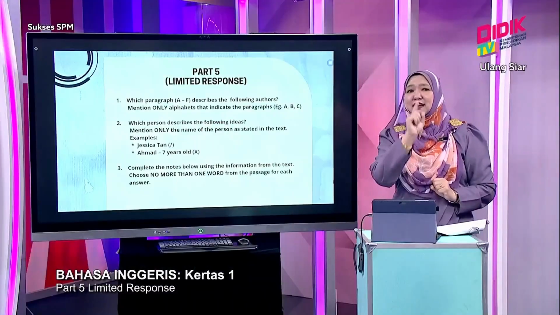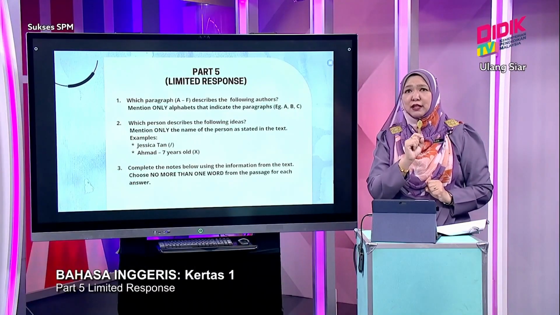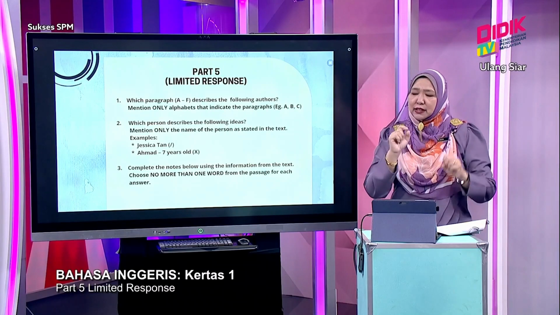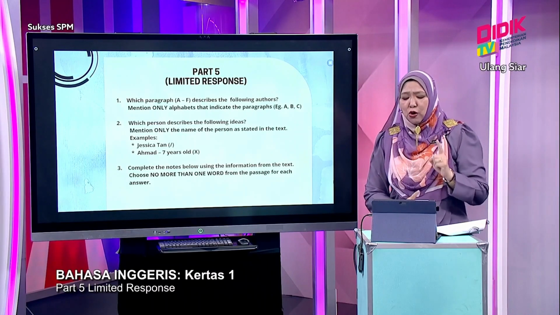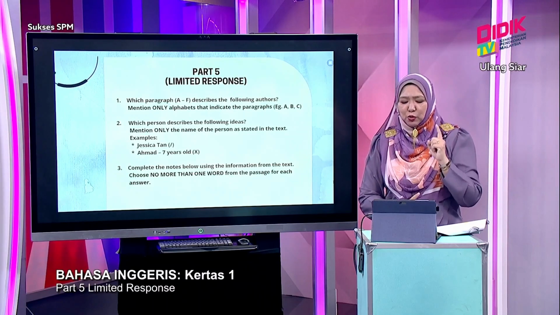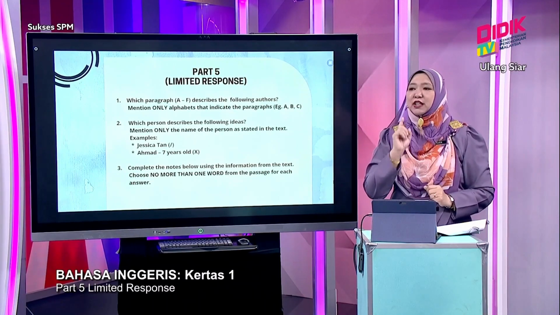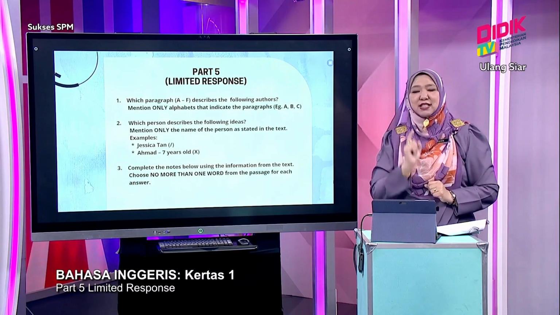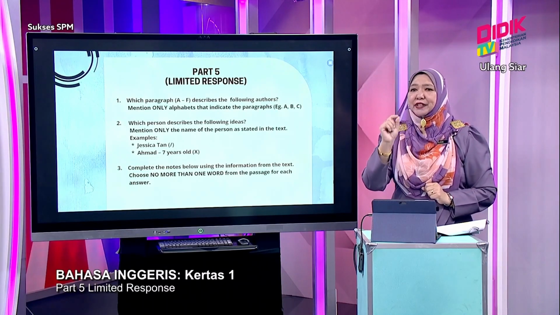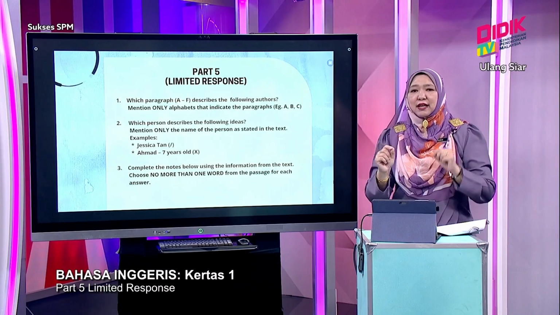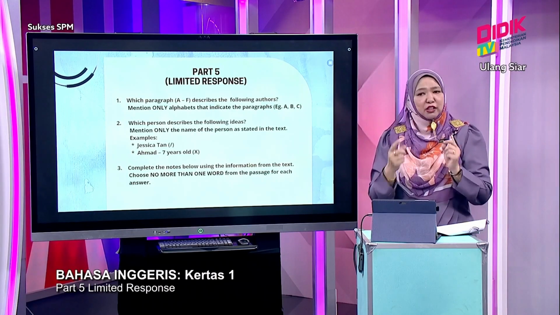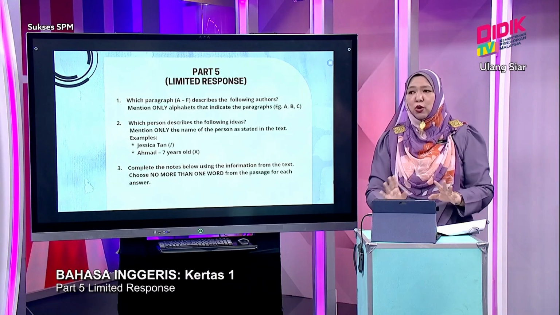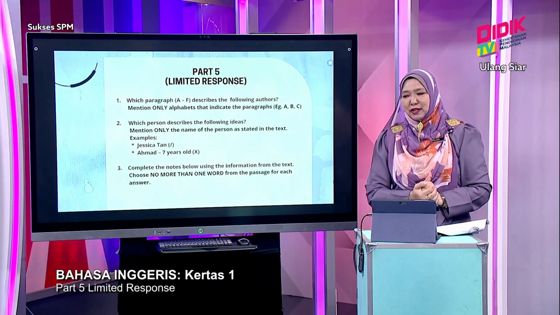Never. In this task, questions 37 to 40, the instruction is choose no more than one word from the passage for each answer. So the word limit is given: no more than one word. Don't give 2 words, 3 words, 4 words. No, one only.